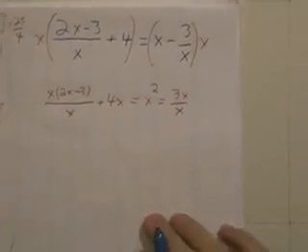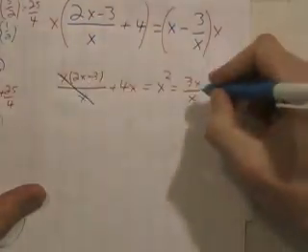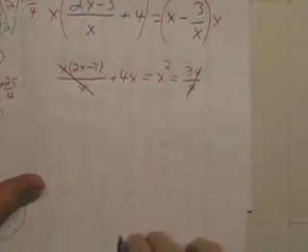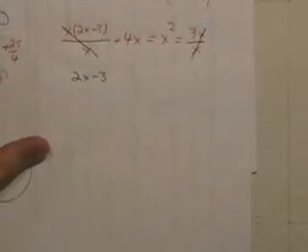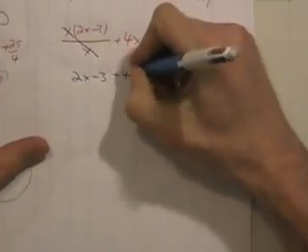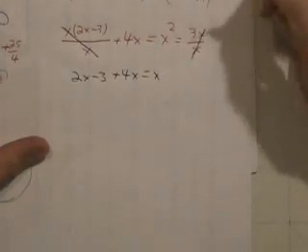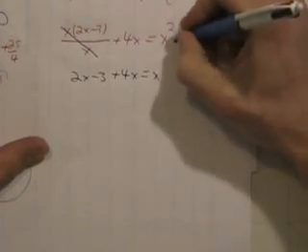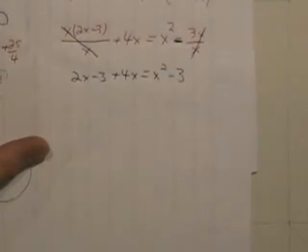Now, having done that, the x's are going to cancel. These ones go, and these ones go, which leaves everything on one line for us. Now we got 2x minus 3, drop the parentheses, we don't need them, plus 4x equals, this was a minus sign, equals x squared minus 3.